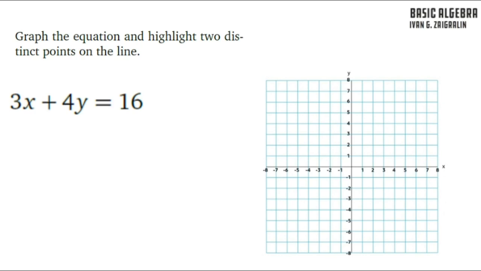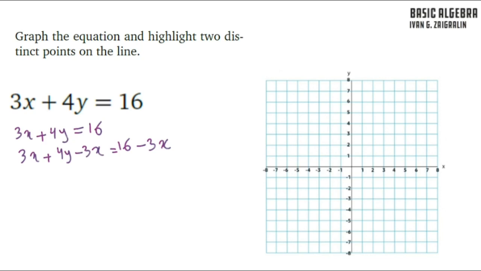The next equation, 3x plus 4y equals 16, and for this equation we should solve for y first. So 3x plus 4y equals 16, and we should eliminate 3x on the left side: 3x plus 4y minus 3x equals 16 minus 3x, and this 3x minus 3x is 0.